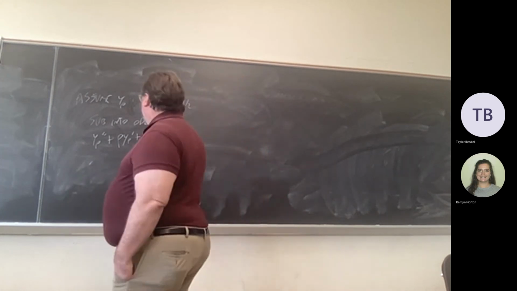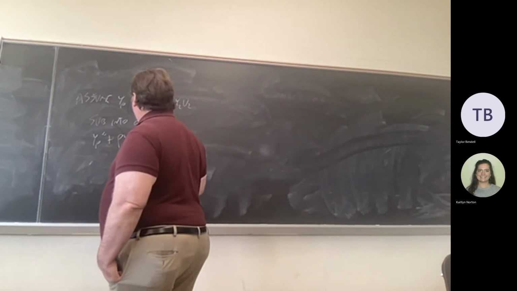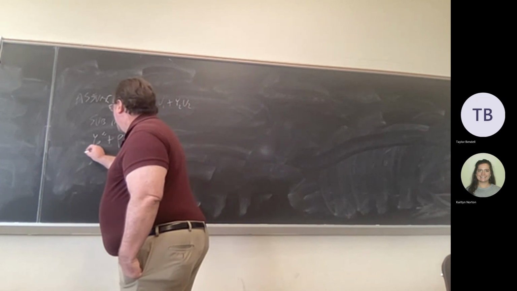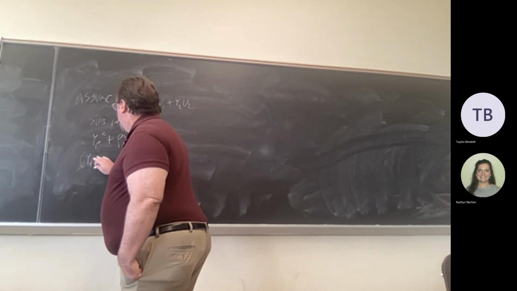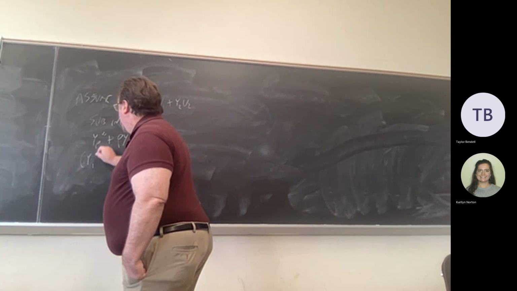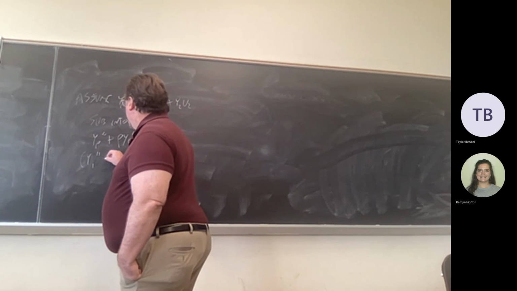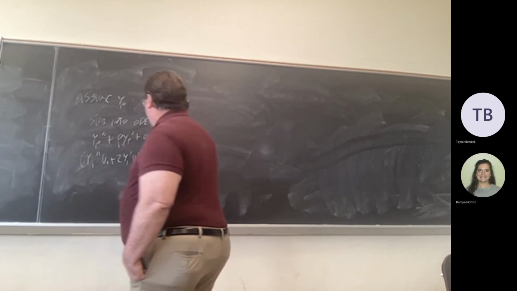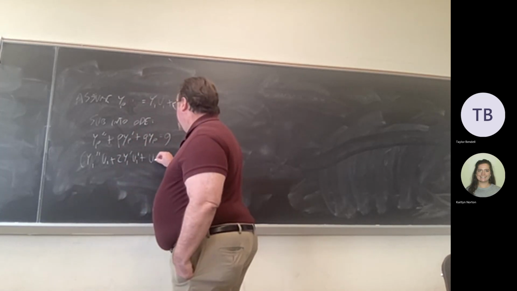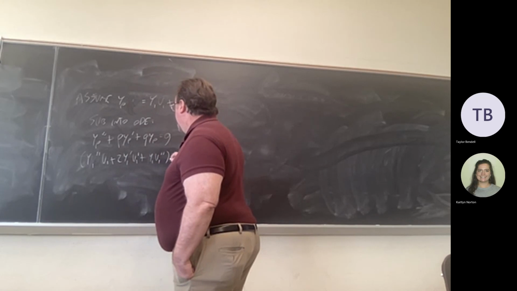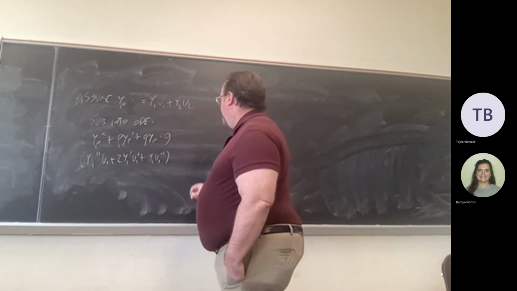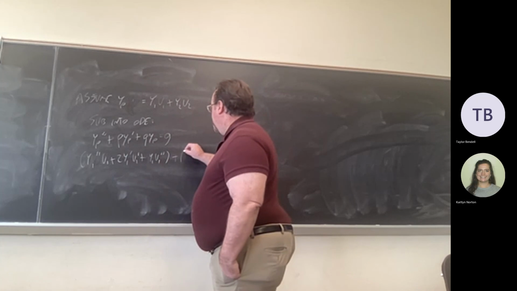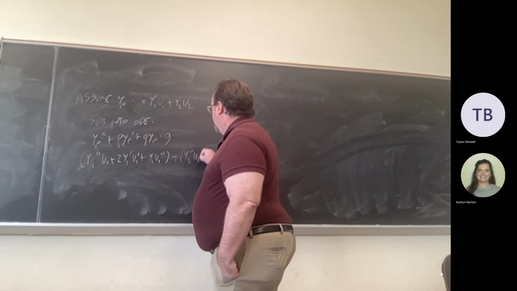Yeah, because then if I substitute this in here, I've got to use the product rule and all that. So we have something like y1 double prime u1 plus 2y1 prime u1 prime plus y1 u1 double prime, and then the same thing for y2 and u2.